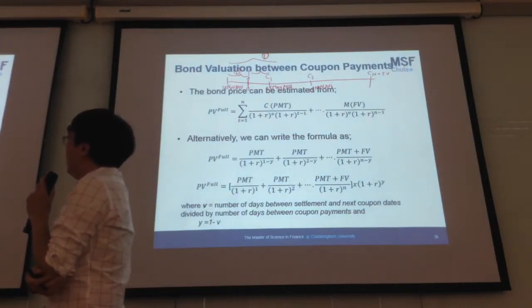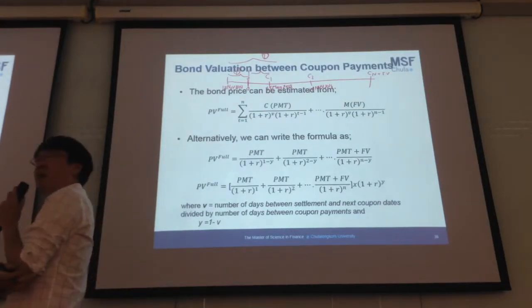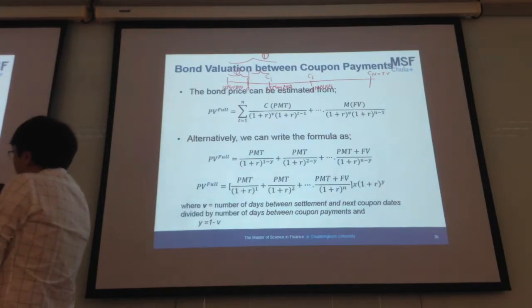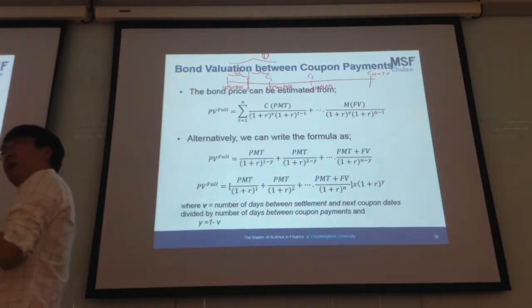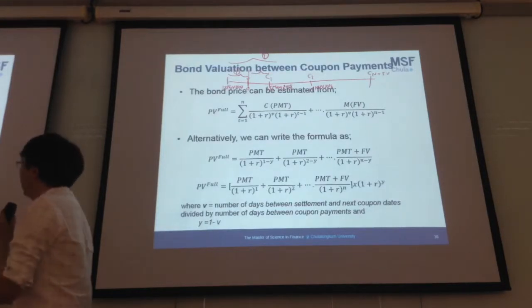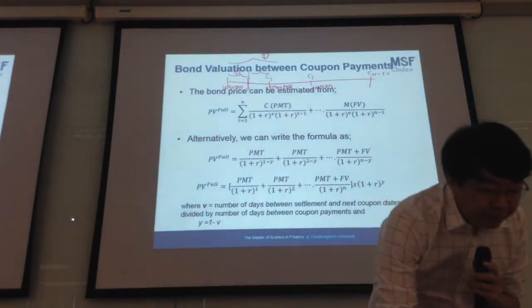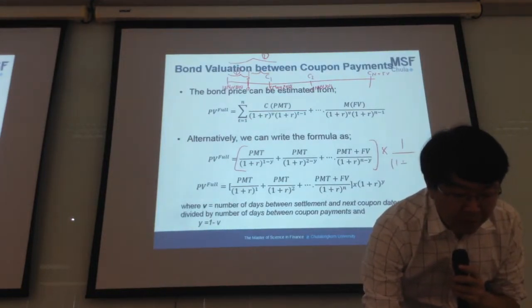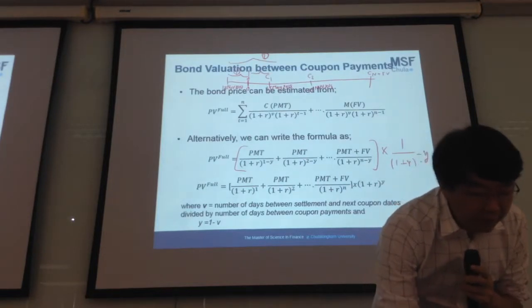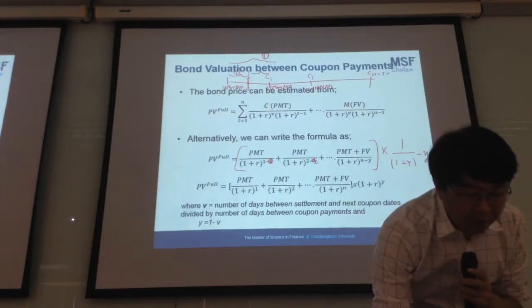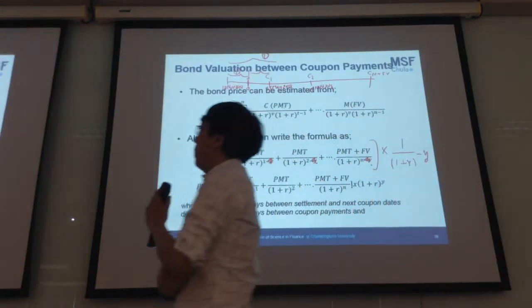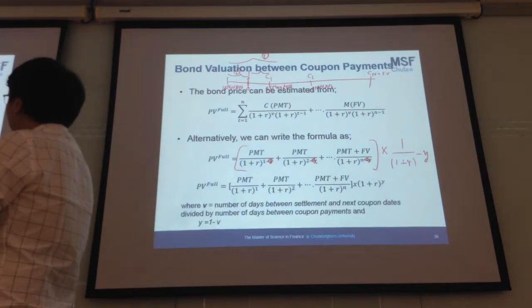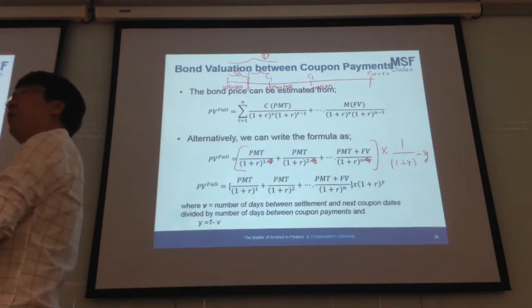And then we decompose the 1 plus r over 1 minus y. Basically we just take 1 over 1 plus r over minus y out. You take 1 plus r to the power of minus y.